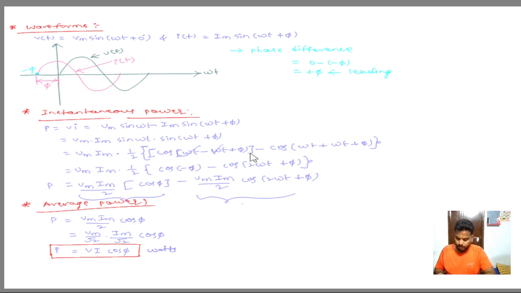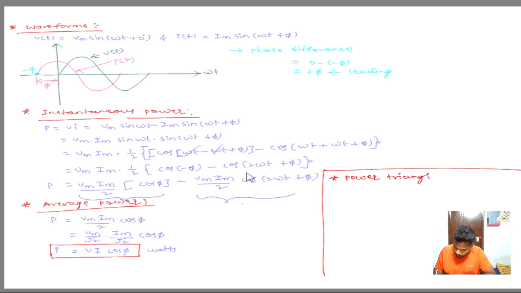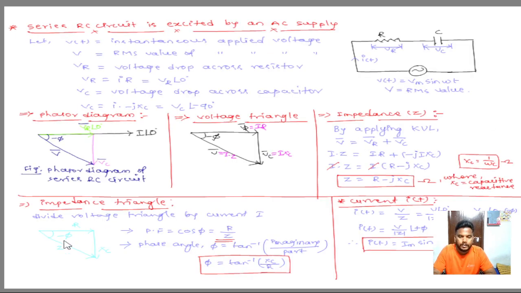Then one small topic is there, the power triangle. In RL series, I have not covered this topic. We got the impedance triangle by dividing the voltage triangle by current.